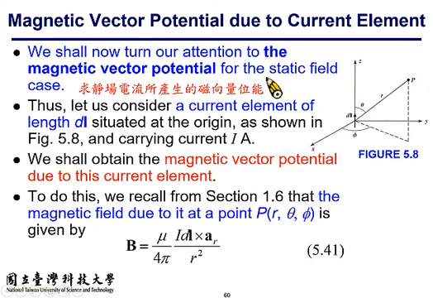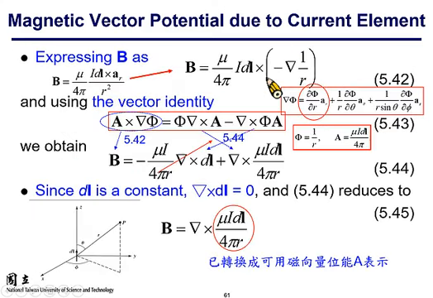It's actually in the direction of dl cross a_R. So it's in a direction perpendicular to the direction from the source to the observation point. So it's somewhat different. And what we need to do today is to derive the expression for magnetic flux density.